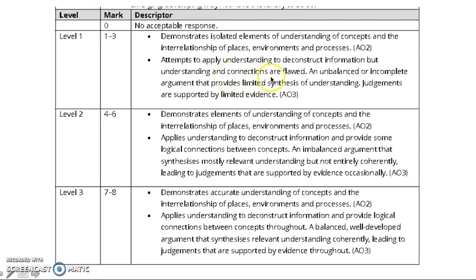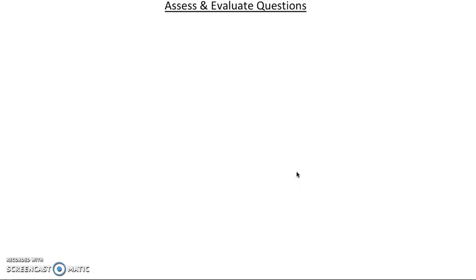There are some misconceptions or misunderstandings in there, and you've only looked at one side of it and there's no evidence in there. Level 2 is where you're starting to show that you are understanding the question, you've got some of the key information in there, you've started to explain it, but it's not necessarily coherent or it doesn't follow naturally. For level 3, let's have a look at it in a bit more detail.